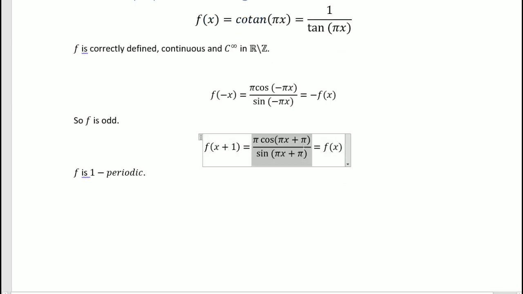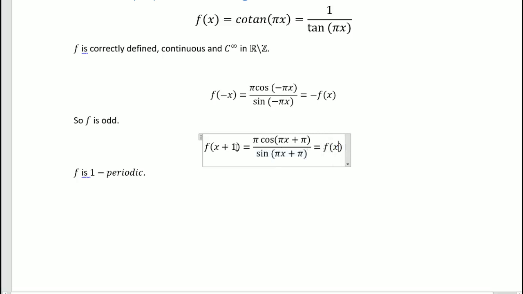So we're going to calculate f of x plus 1 because we're going to try to prove the periodicity. So we get this, and the fact that there is plus pi on the cosine part will put a minus sign, and since it's the same in the sine function, you'll get f of x plus 1 equals f of x.